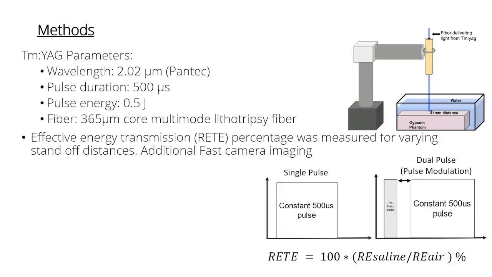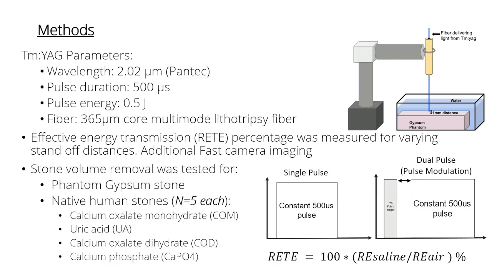So for methods, we used a diode pumped thulium YAG laser centered at 2.02 micron at 500 microsecond pulses at 0.5 joule in a 365 micron fiber. And we measured the effective energy transmission into the stone at various standoff distances, that's the distance between the fiber and the stone, with the addition of fast camera imaging.